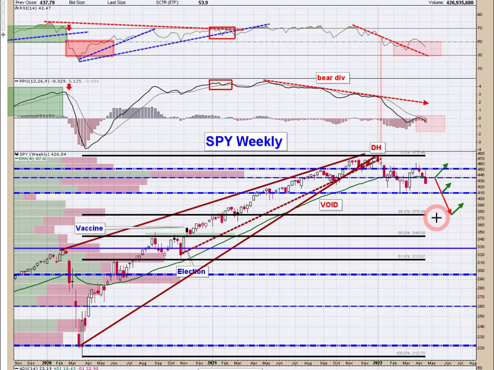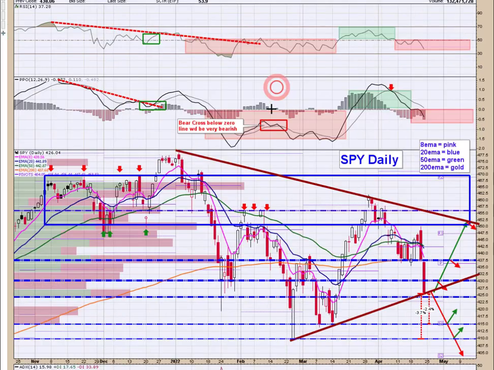That doesn't necessarily mean it's going to happen in a straight line, but that would be my target. And notice the void on the charts where there's not much technical support below 410.